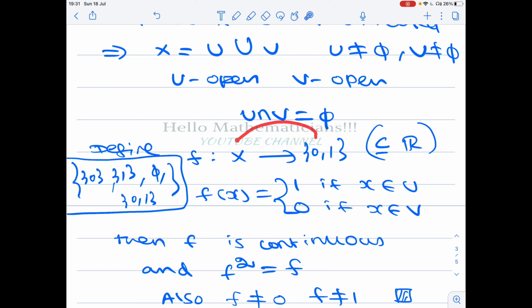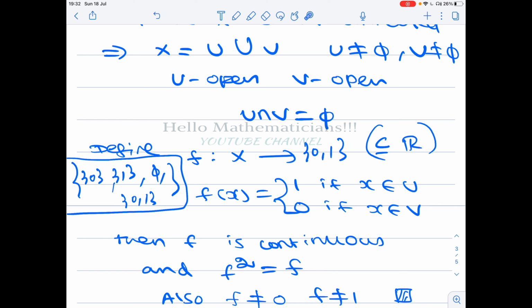Now to prove the inverse image of an open set is open, what are the open sets here in {0,1}? If you take any metric here, you can prove that every subset of {0,1} will be open, because in any finite set with a metric space, you can prove that all the subsets are open.